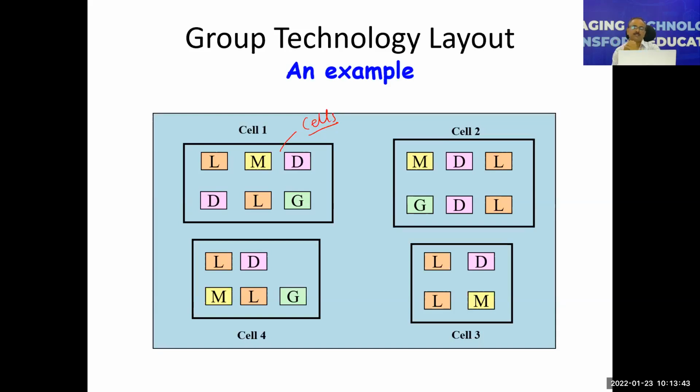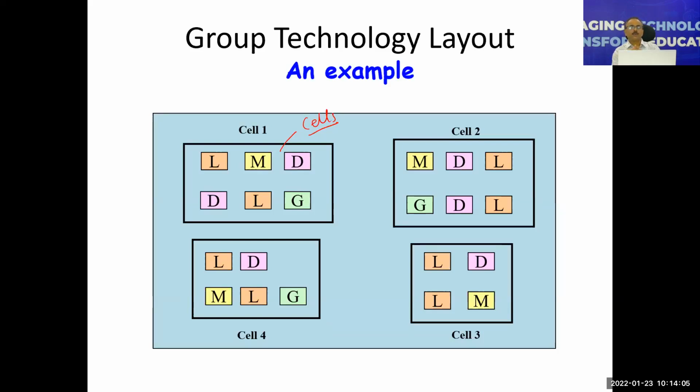In such a situation, where there exists a similarity of processing, based on certain characteristics we can include them as part of a family. So a part family is nothing but parts having certain characteristics of similarity which bring them into a situation wherein they can be clubbed as a part family.